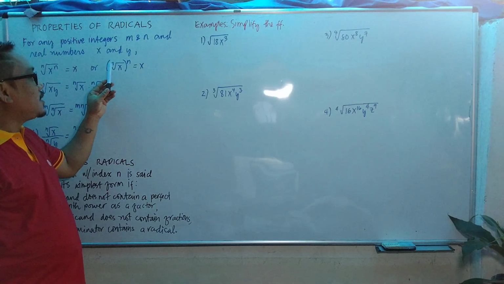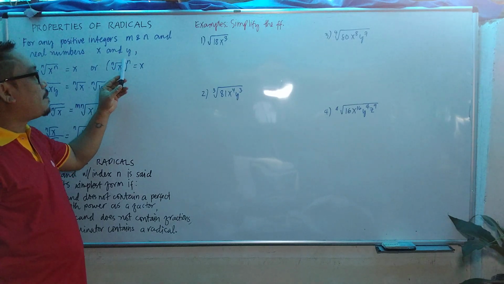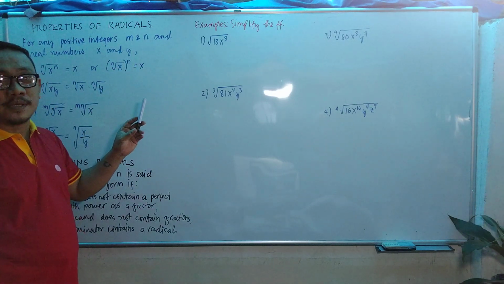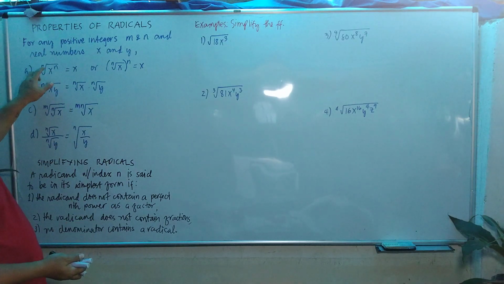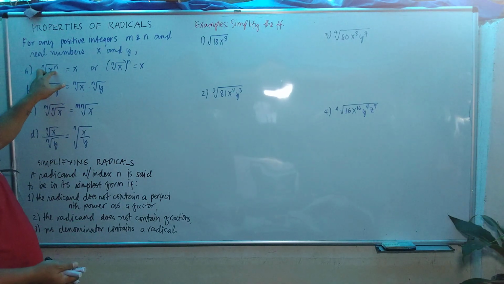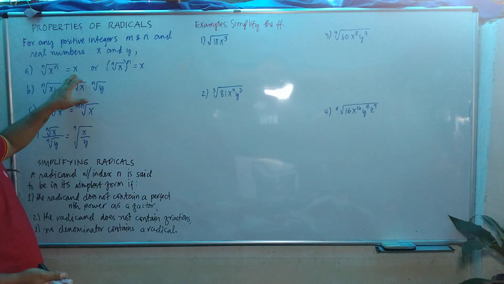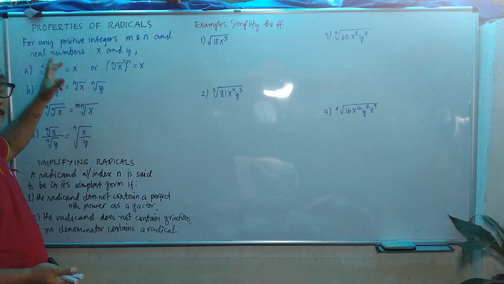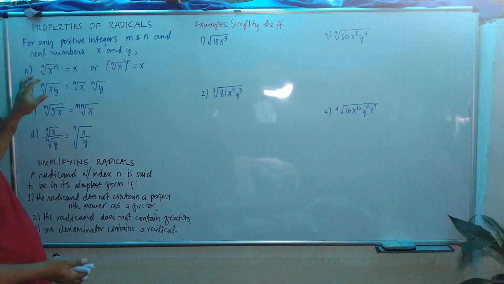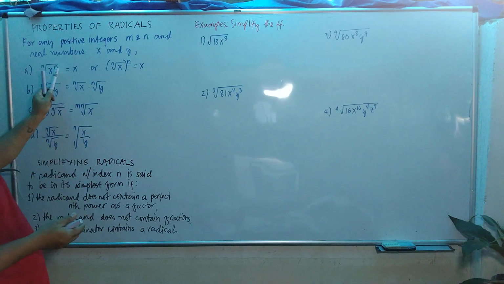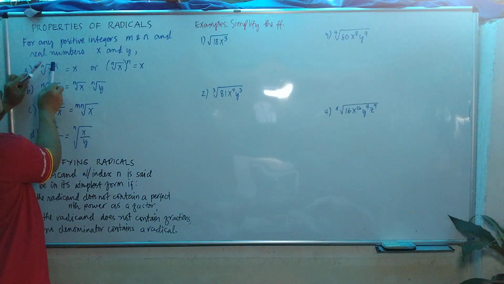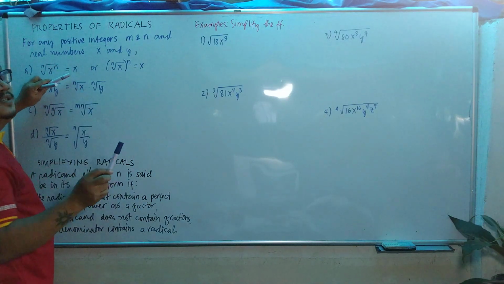In other words, if the value of the index and the power inside the radical are the same, the radical and the power cancel, and what is left is just x.